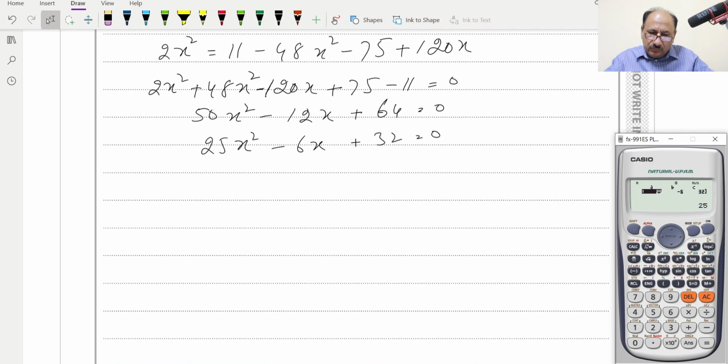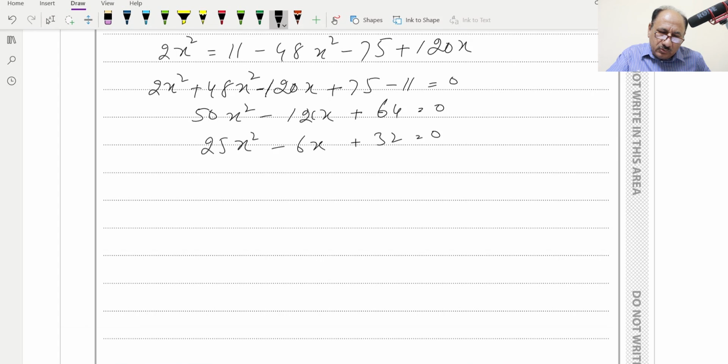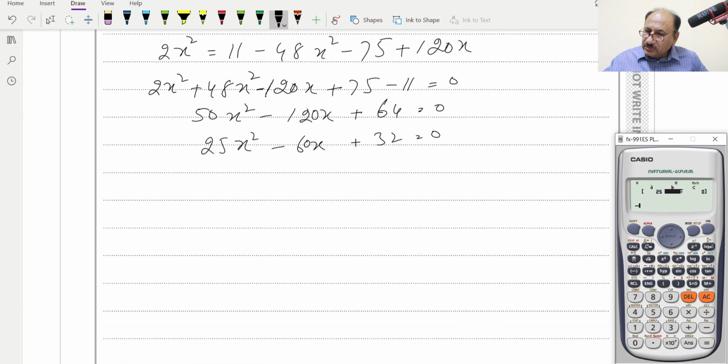We'll have to check again. 25, then minus, this is not 6, this should be basically 20 here and this should be 60 here, so we made a mistake. So I will enter the values 25 for x squared and minus 60 for x and 32 for constant, and this will be giving us 8 by 5 and 4 by 5.